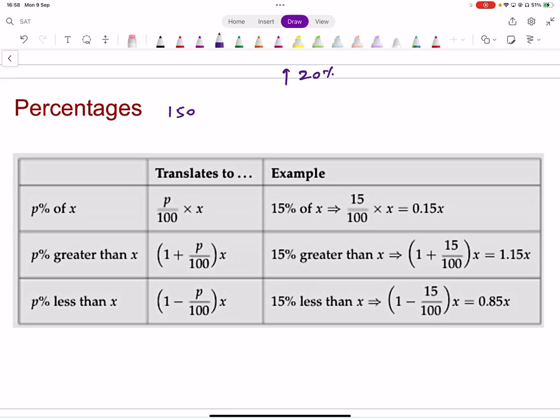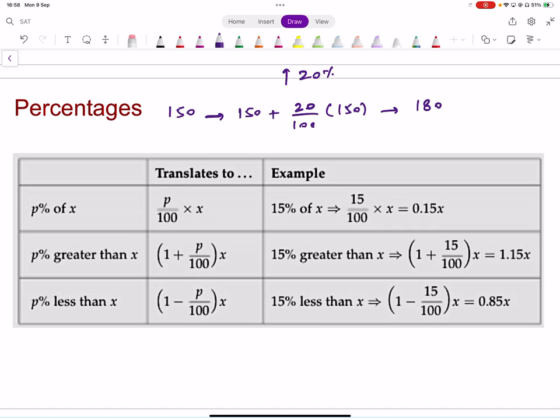One way of doing that is you start with 150 and then you say 150 plus 20% of 150, right? You add 20% of 150 to that, which is going to be 20 over 100 multiplied by 150, and that will give you the result, which is going to be 180. That's one way of increasing something by a certain percentage.